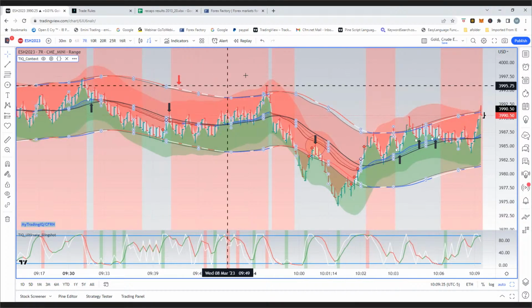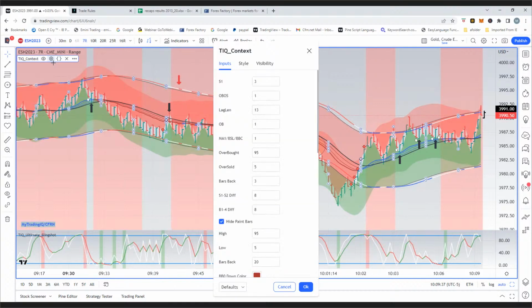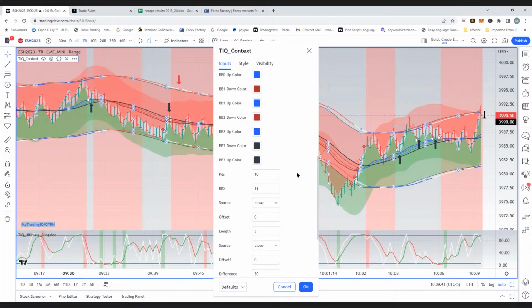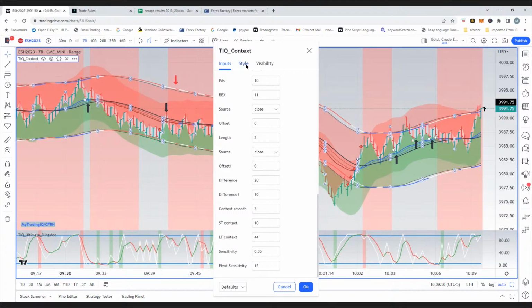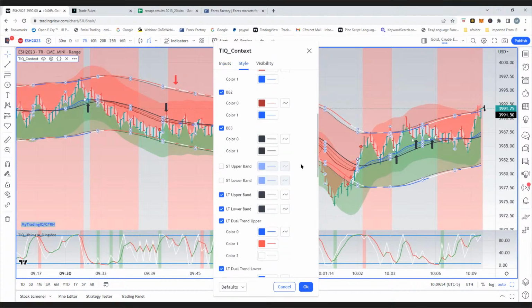Okay. Michael, when the black arrows print, that's the easy and obvious setup. Probably the best case scenario is when you get a black arrow printing off the ribbon.